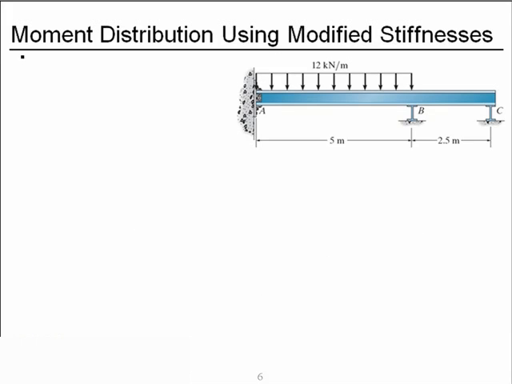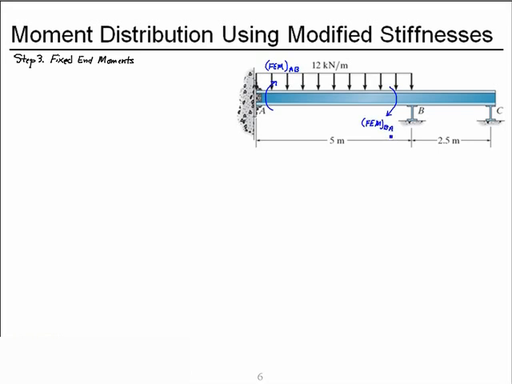Step 3 is to find the fixed end moments. We'll have a fixed end moment at node A. And notice that I'm drawing all of these clockwise to be consistent.